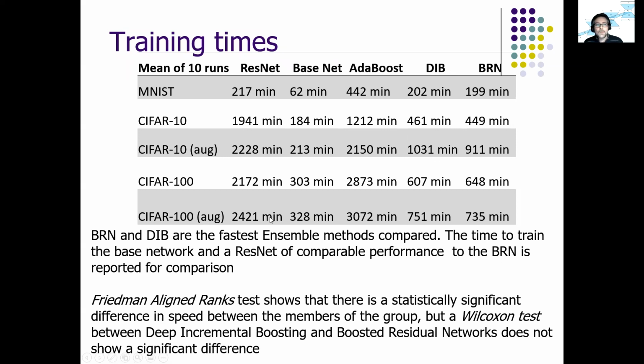And you can clearly make the comparison between the residual network of the same kind of performance and the time it took to train it and the time it took to produce the ensemble. Okay. It is much faster. The time to train the base network and the residual network of comparable performance to the BRN. Okay, it makes sense. Okay, you can have at least the same performance or even better, but the training time is much faster.